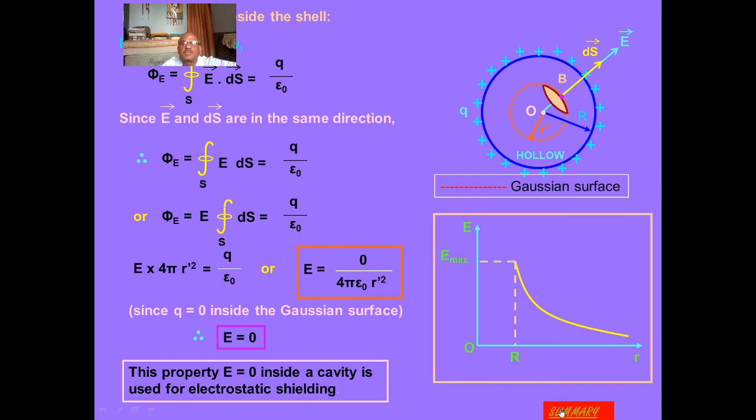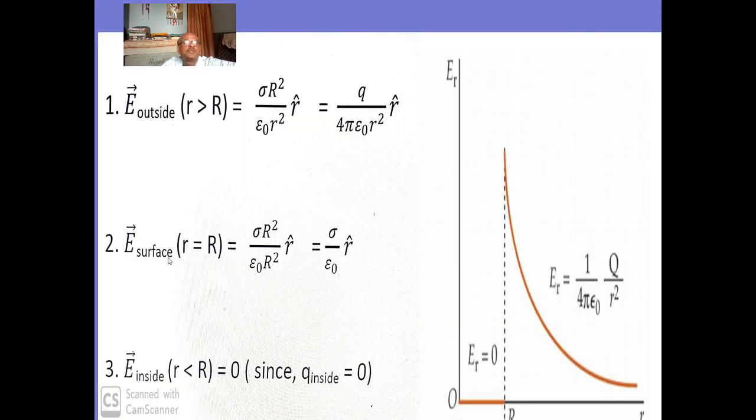If all three cases are summarized, we can say E outside, where small r is greater than capital R, is sigma R square by epsilon naught r square, and it is q by 4 pi epsilon naught r square, the same as the electric field for a point charge.